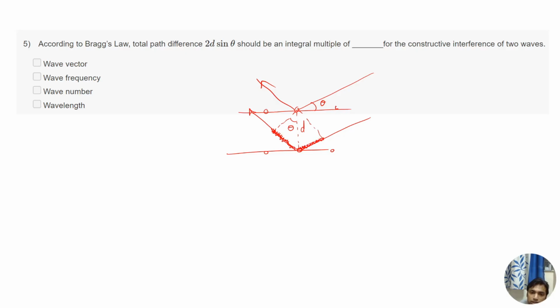This is d sin theta and this is also d sin theta. So the total path difference 2d sin theta has to be an integral multiple of the wavelength. If it is coming like this, then the other one, for constructive interference, has to shift by an integral multiple of this unit, which is nothing but your lambda. So it has to be the wavelength. So this is your correct answer.